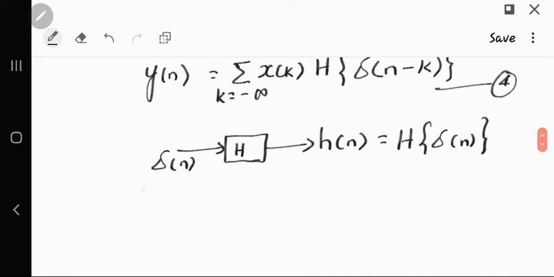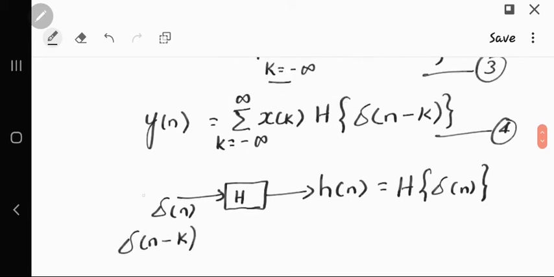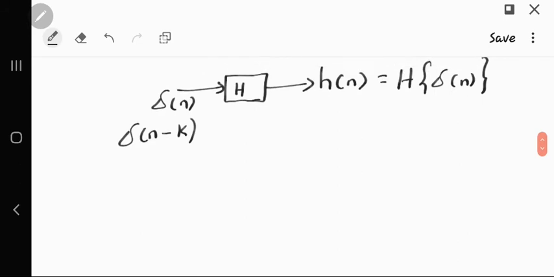So now I am giving an input as a time shifted impulse function, delta n minus k. Now, the output will be h of n minus k, because it is a time invariant system as well, and this can be represented as h of delta n minus k.